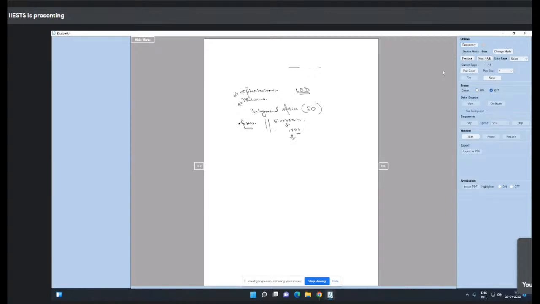So this was the 17th century Newton's corpuscular theory.